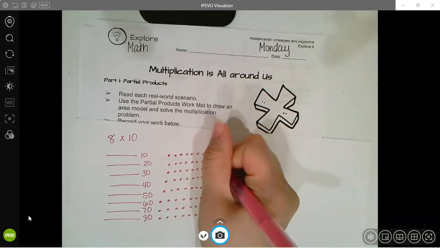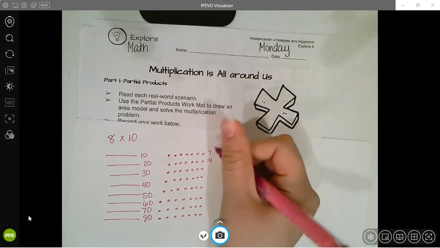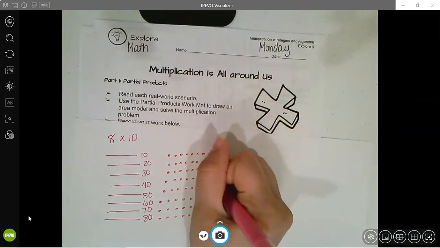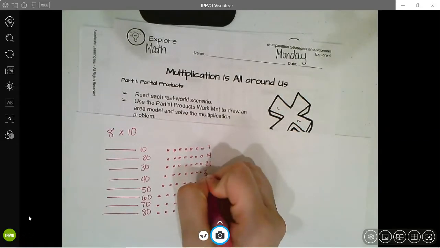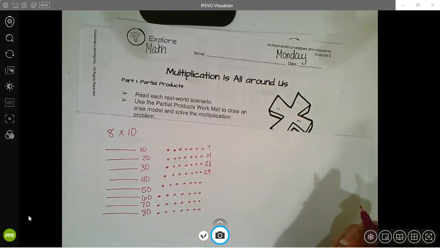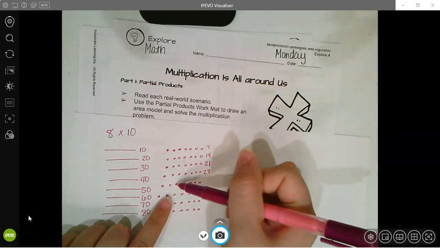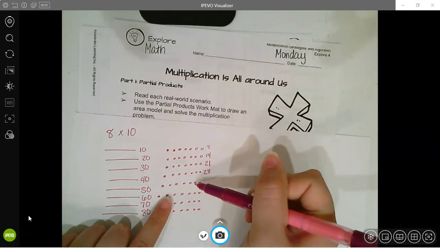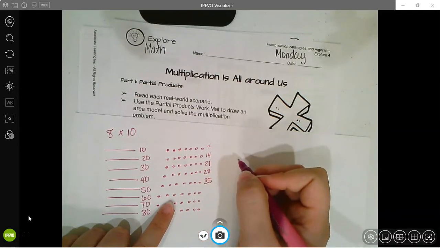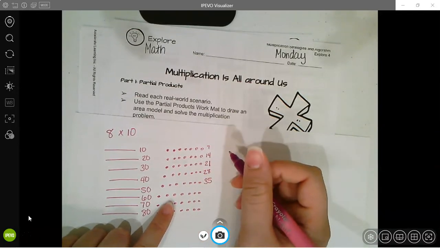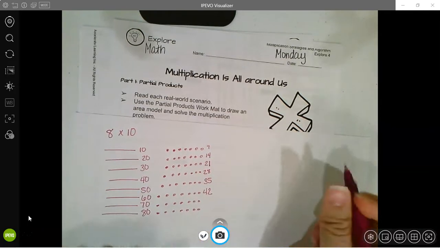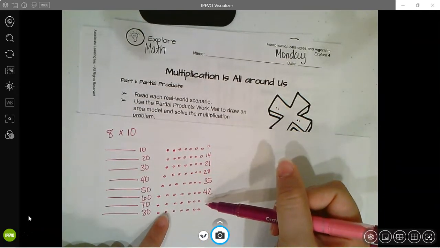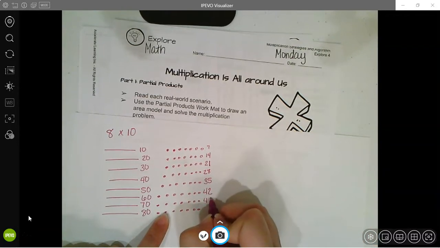So I have 7. 7 plus 7 is 14. 14 plus 7 is 21. 21 plus 7 is 28. 28 plus 7 is 35. 35 plus 7 is 42. 42 plus 7 is 49.